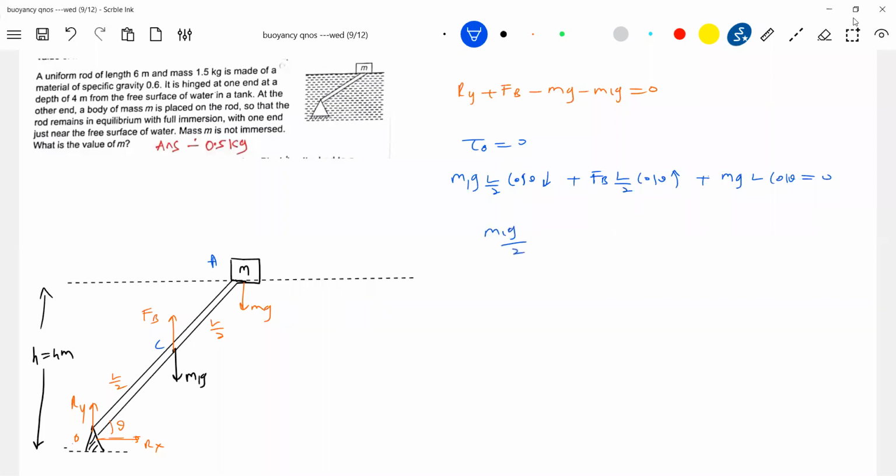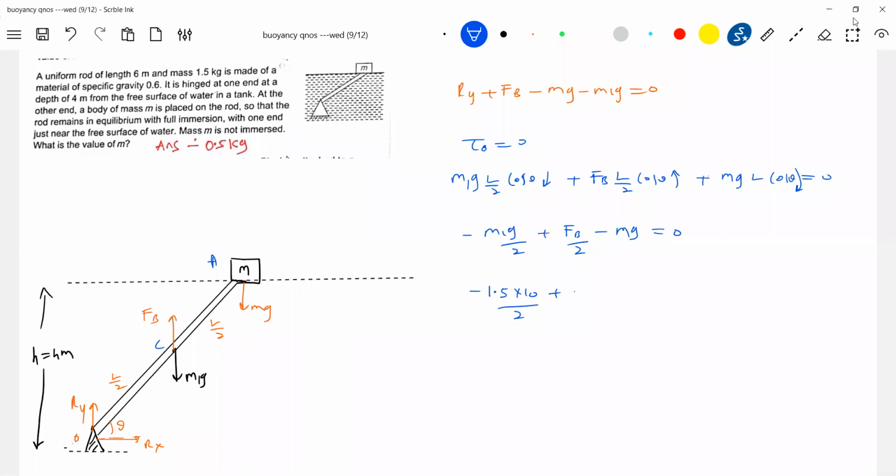Anyway, L will get eliminated, cos theta will get eliminated. So m1 by 2 anti-clockwise, Fb by 2. So this is clockwise, minus mg equal to 0. So we know weight of the rod, 1.5 times 10.